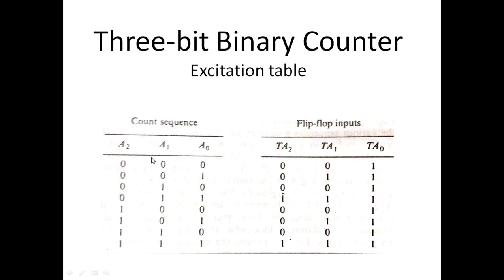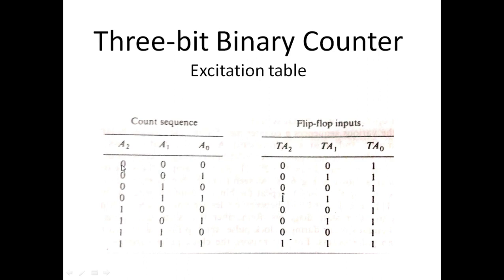On the right side, we have the inputs of the flip-flops that would change the states of the flip-flops in this order, which is the desired order in this particular example.